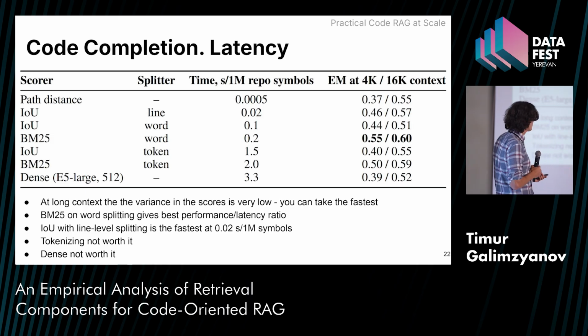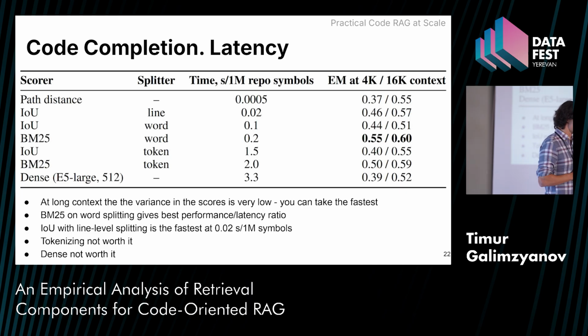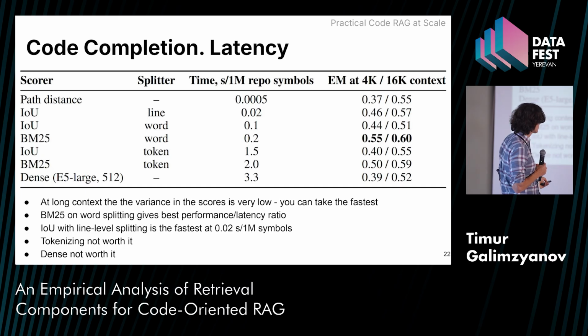However, if you are interested in smaller context, which is probably our case, because for completion, especially single-line completion, you need very fast models which cannot afford very large context. Usual context could be 1,000 tokens or something around that. So you should look into the scores more thoroughly.